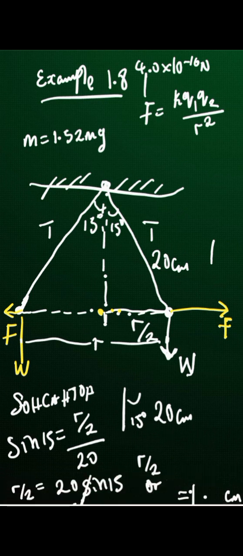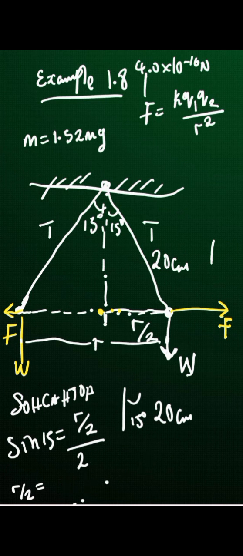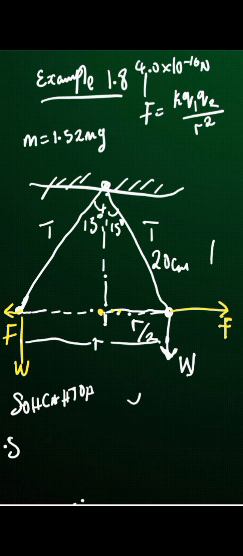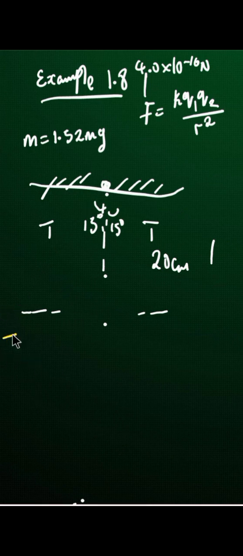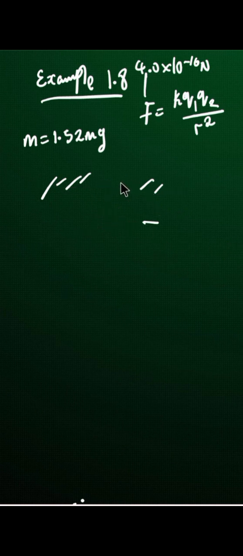Since we got our r and we got our F, we can now solve for the charge, right? 10.35 as our r, and our force is 4.0 times 10 raised to power minus 16.